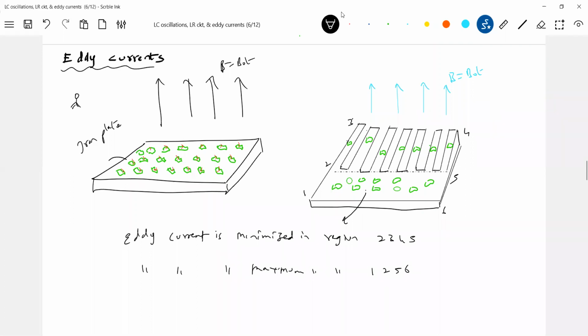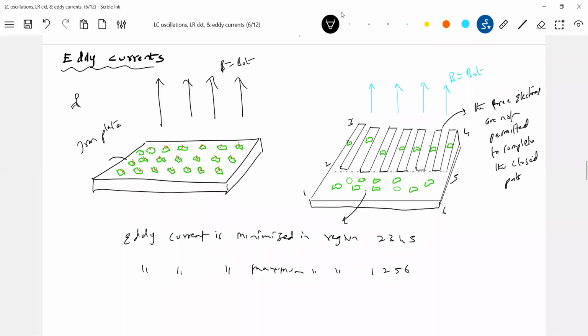You have to just do slicing here. Any reason for that? The free electrons are not permitted to complete the closed path. And because of that, the eddy currents will be minimized here. So this is a method we have to bring in here.